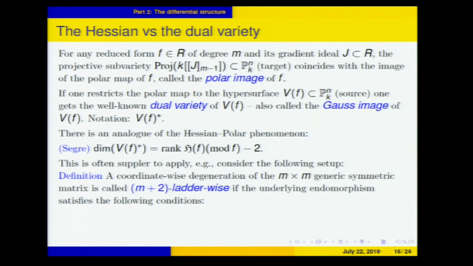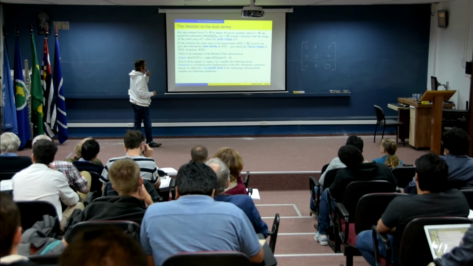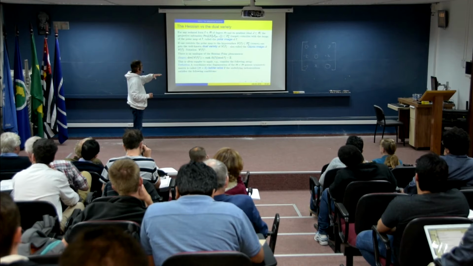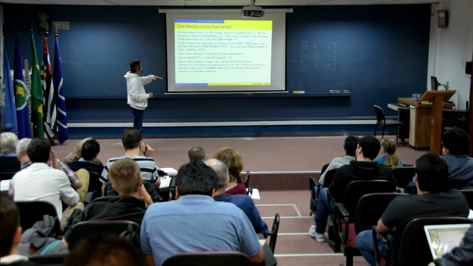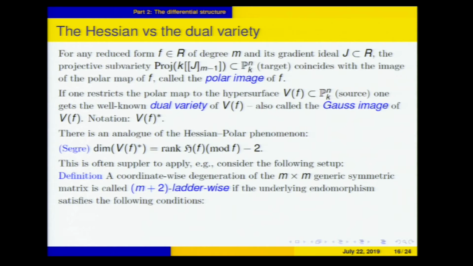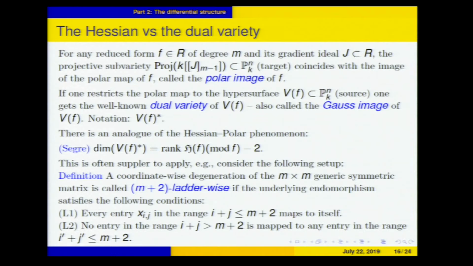So you can apply it in one case where this coordinate-wise degeneration that I am considering is also m plus 2 ladder-wise. This is technical, but it's easier to look at the definitions. So first, you divide into two blocks where the sum is at most m plus 2, or when the sum is larger than m plus 2, and you require that everything in the first block, and the second block, should not map to anything before.